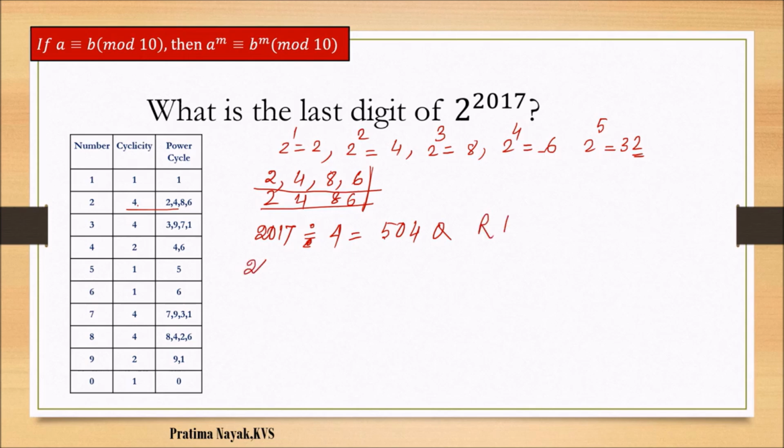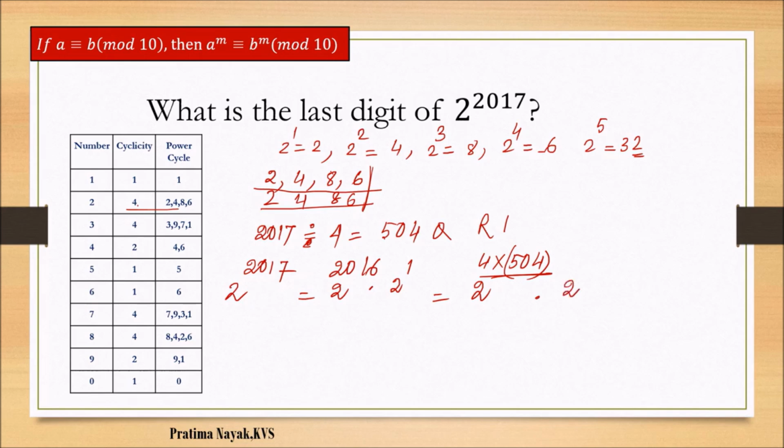So 2 raised to the power 2017 can be written as 2 raised to the power 2016 into 2 to the power 1. 2 to the power 2016 is 4 times 504. That means 4 cycle it is completing and 2 is here.